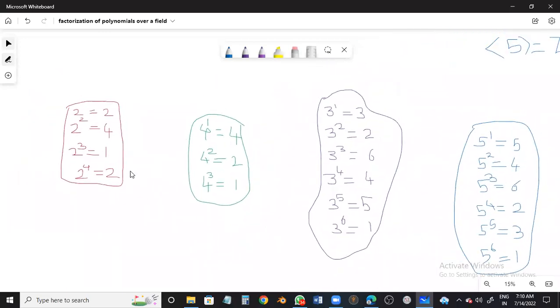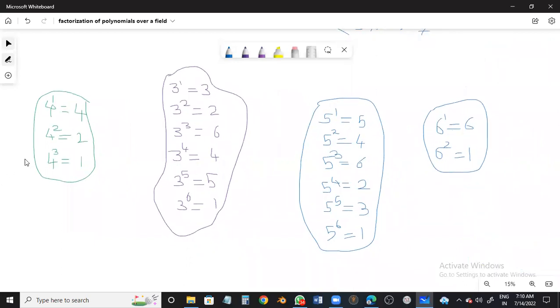What about 2? If I go with 2, 2 raised to 1 is 2, 2 square is 4, but 2 cube is again 1. I suppose so. Then I go to 3. 3 raised to 1 is 3. Then 3 square, 9 divided by 7, remainder is 2. 3 cube, 27.